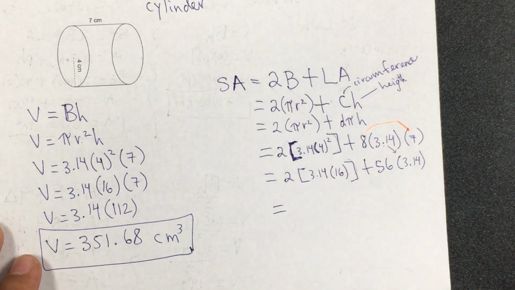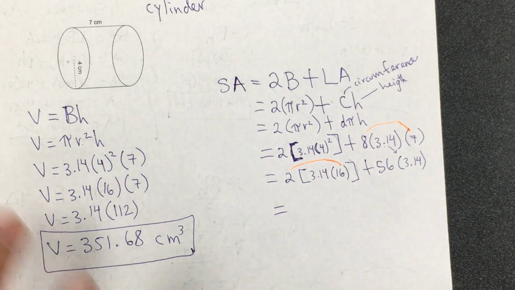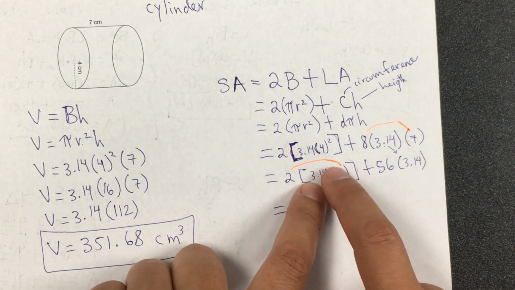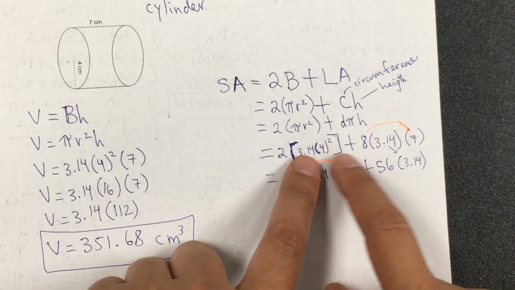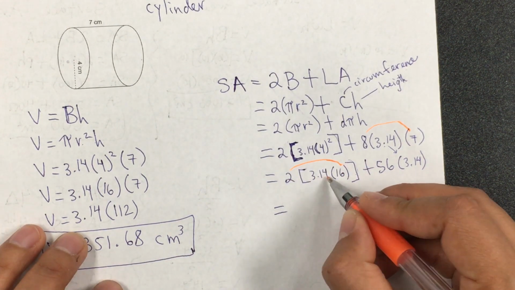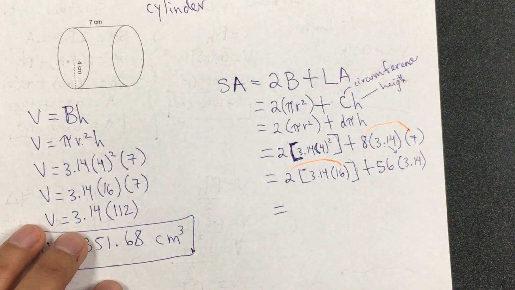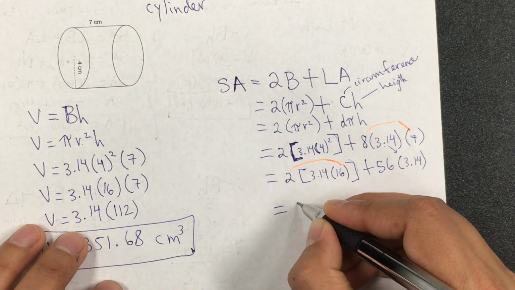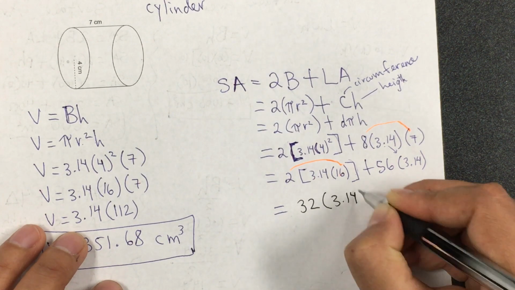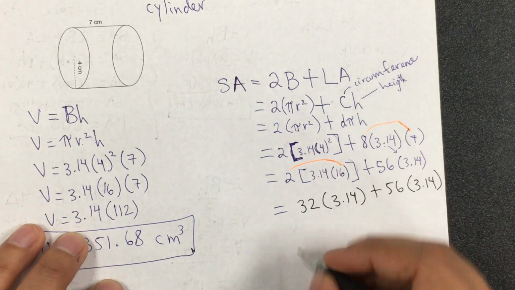Even if it's outside, you can also multiply this, and it's not the distributive property, because the distributive property is only when you have a plus or minus in the middle of the parentheses. So here I'm multiplying 2 times 3.14 times 16, but I prefer to multiply these 2 first, which gives me 2 times 16 is 32 times 3.14 plus 56 times 3.14.